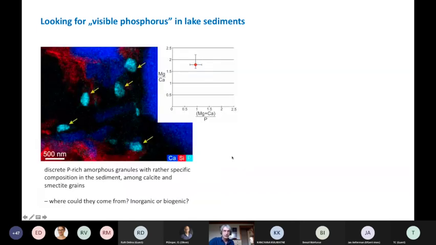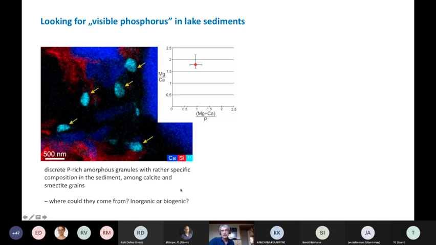However, we did see some visible phosphorus in the lake sediment. Again, the dark blue is calcite, red is clay, and between the calcite particles and clay particles, in some places, not very often, we see these phosphorus-bearing granules. And they have a fairly specific composition, and they are amorphous.